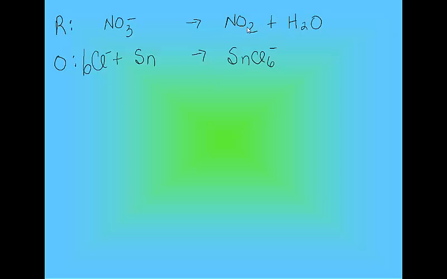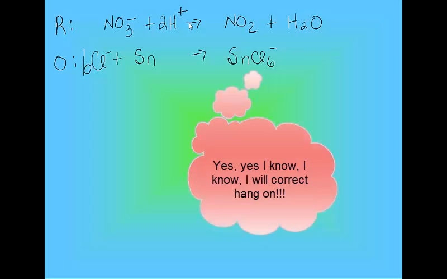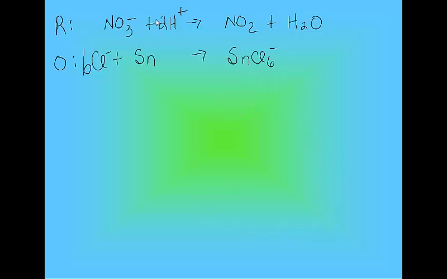So with my reduced, now that I've balanced my oxygens, I need to balance the hydrogens. I have 2 on the right, so I use the hydrogen ion to balance my hydrogen atoms. Electrically, I've got a +2 -1, that's a +1 over here, and a 0.